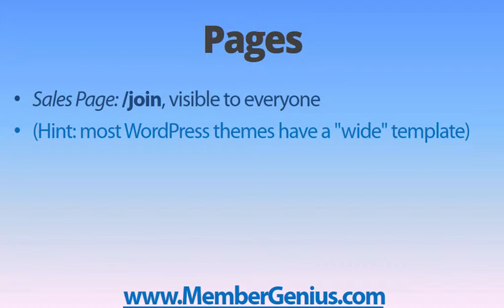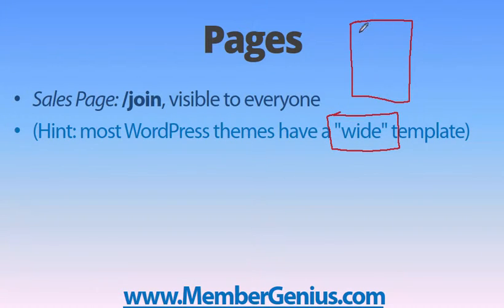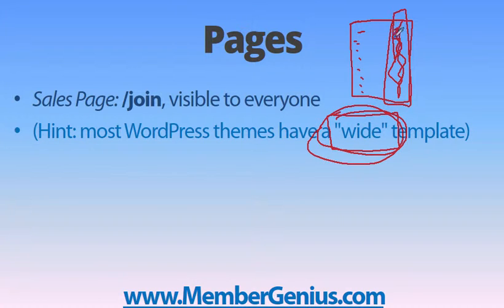And one of the many reasons why WordPress is great is that most WordPress themes have a thing called a wide template. What does this mean? Usually you set up a blog and you've got journal entries, blog posts, and on the side you've got a sidebar. You can do this thing called a wide template and remove the sidebar. So all there is, is the text that you're going to be talking about.